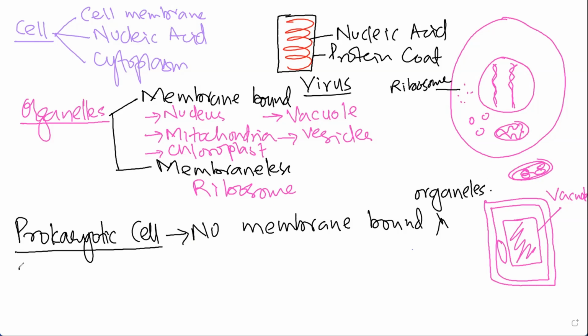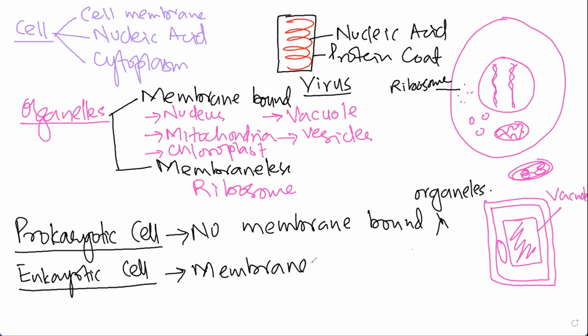And eukaryotic, this is another type of cell. Eukaryotic cell is the one which has membrane bound organelles, and also membraneless ones. So what do you think animals are, eukaryotes or prokaryotes?